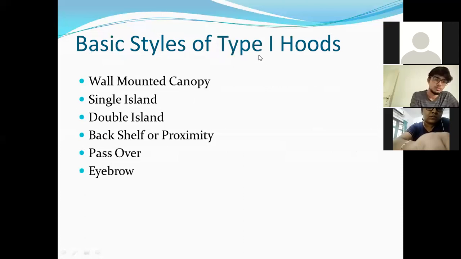Basic styles of type 1 hoods. Okay, we can see the different types of type 1 hood. We have wall mounted canopy, single island, double island, back shelf or proximity, passover, and eyebrow. We have just seen only two types, wall mounted and island type, but there are many more.